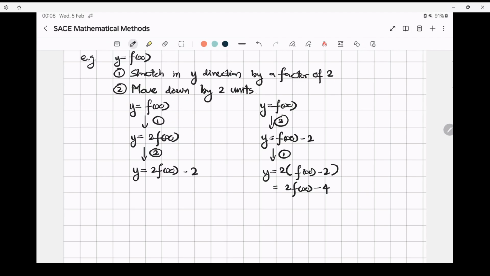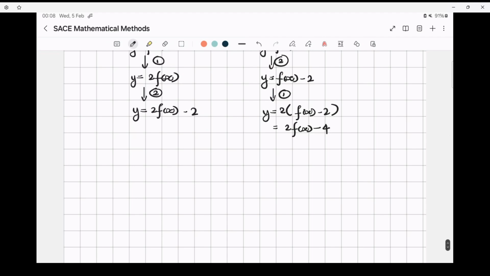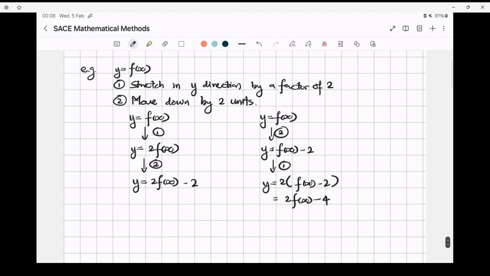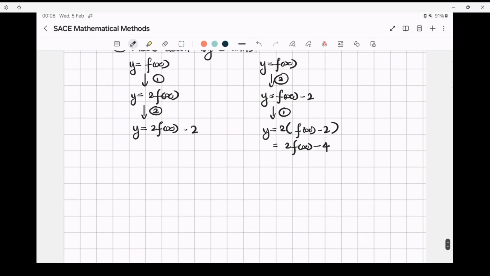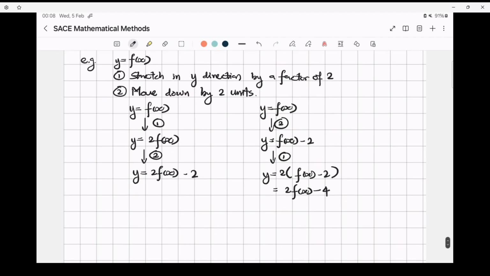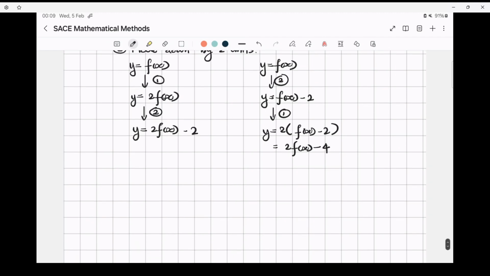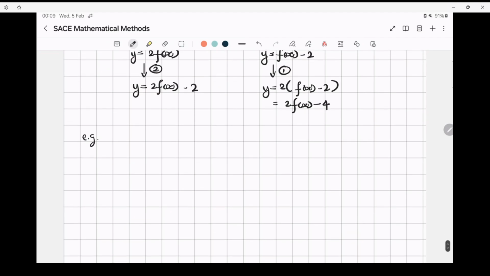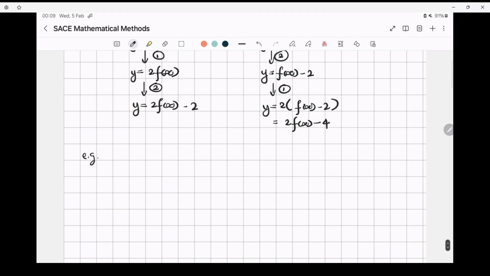So you can see the difference in this particular case. What I would stress in this scenario is you should be very careful. Let's look at one more example on the x direction version.